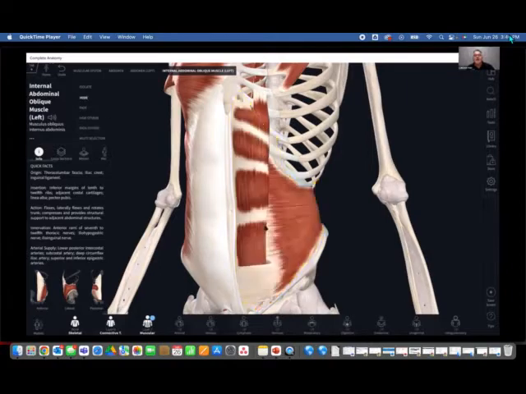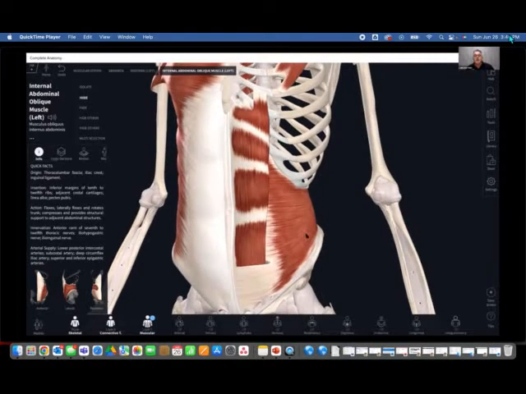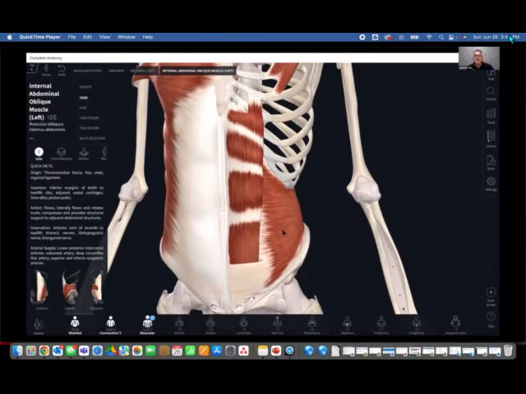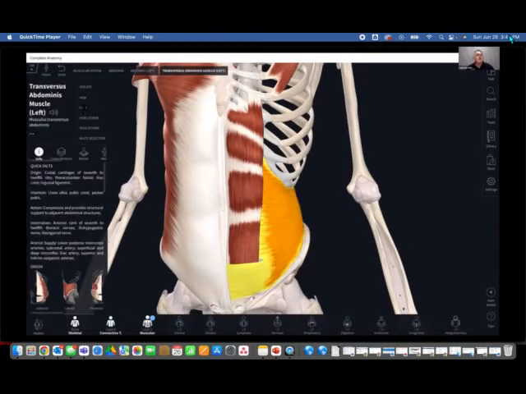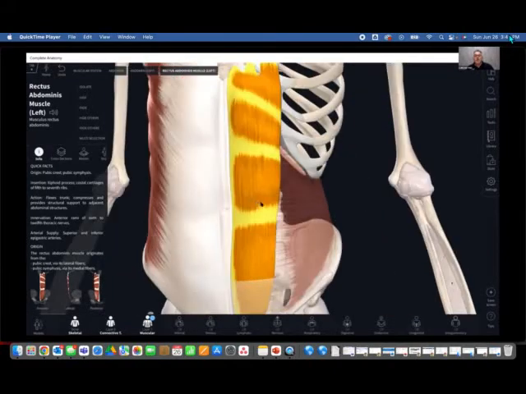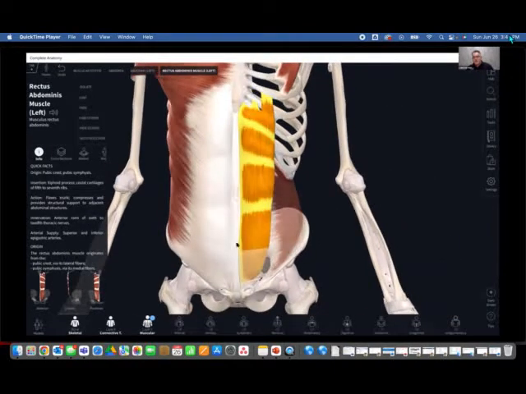I'm going to hide that, and let me do rectus abdominis next. I'm going to fade the transversus abdominis so that we see the fibers of rectus abdominis. Yes, from time to time we do have patients with abdominal midline discomfort.